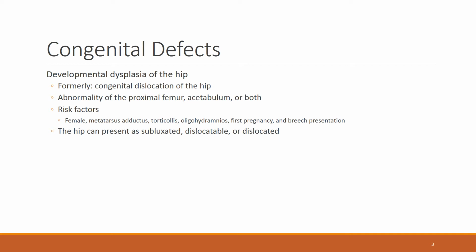Risk factors include female gender, metatarsus adductus, first pregnancy, and breech presentation. The hip can be subluxated, dislocatable, or already dislocated, but it's one of the most common congenital defects, and it's important to know how to recognize it.